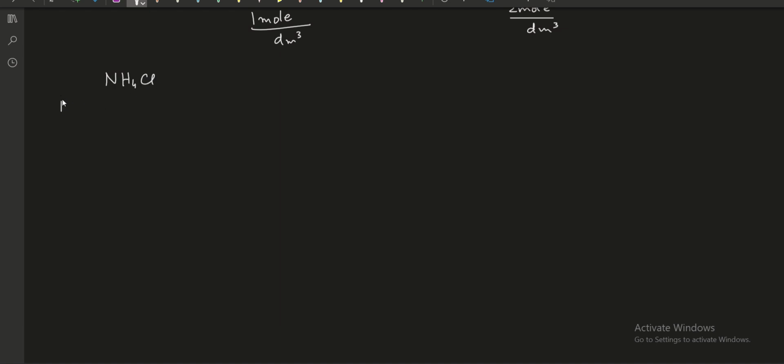You can calculate its Mr. Its Mr would be 53.5. And the next one, option B, is NH4NO3. If you calculate the Mr, it is 80.